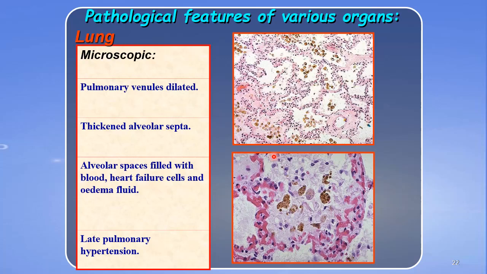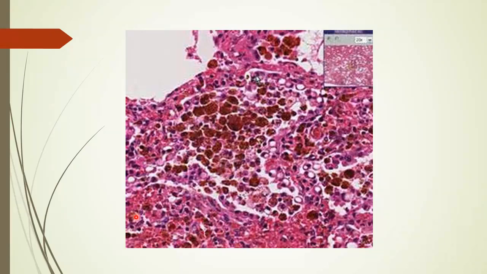And the most important cell, which is characteristic for the chronic venous congestion in the lung, is the cell called heart failure cells. These are heart failure cells. Here, the brownish cells are called heart failure cells. This picture shows a higher power view of the heart failure cells, which are the brown cells here.